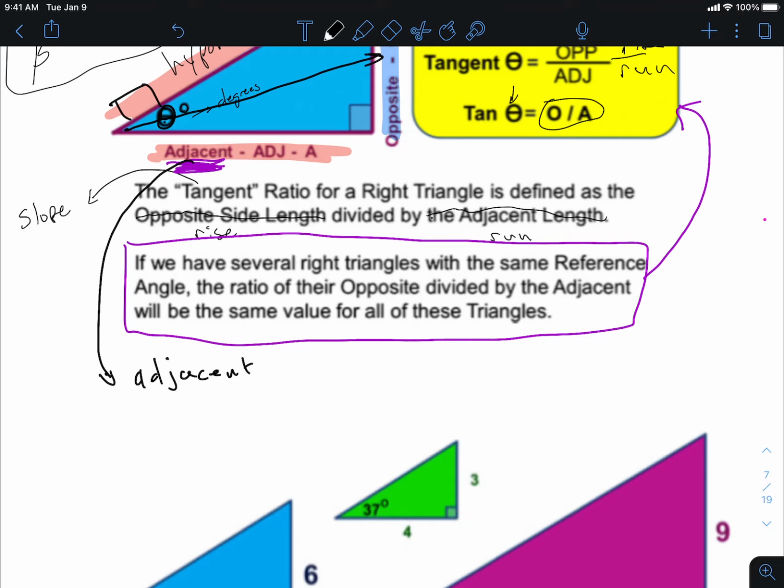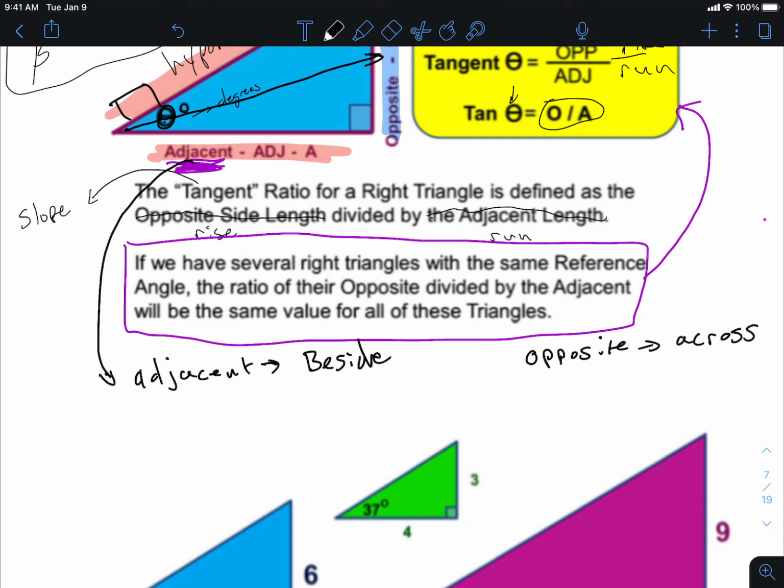I guess across could be another word for opposite. We could use that word, right? Across has two C's. That's better. You guys, now you can see why I like numbers. I don't really do well with words. Okay. Adjacent. Another word for adjacent is beside.